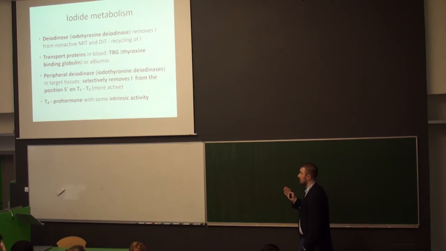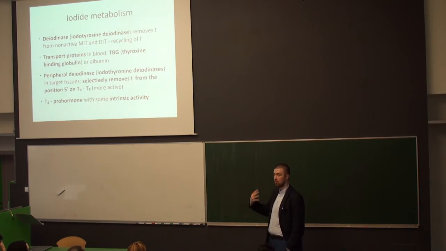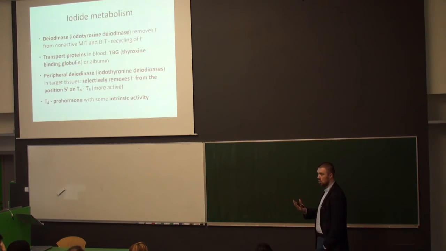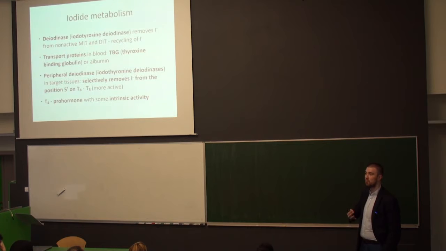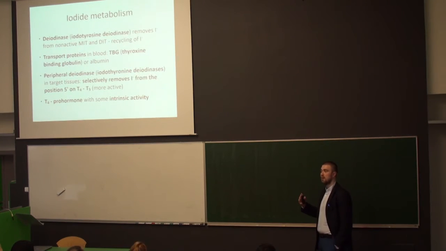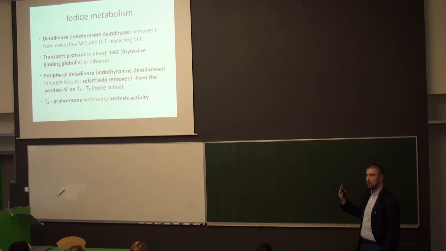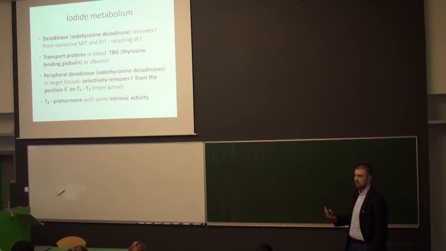Since monoiodotyrosine or diiodotyrosine have no transfer RNA. That means they cannot be directly incorporated into protein. You know that into protein we can put only 20 or 21 proteinogenic amino acids, and neither monoiodotyrosine nor diiodotyrosine are on the list, so they cannot be incorporated.